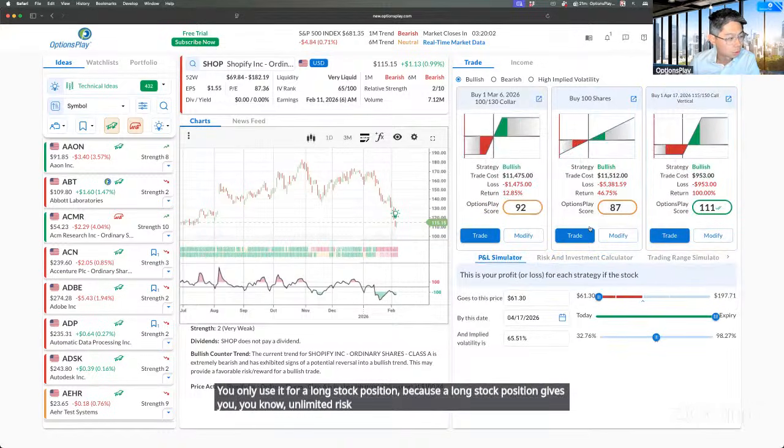So if the stock keeps going lower and lower and lower, you keep losing more and more money. And the collar strategy essentially gives you a payoff diagram similar to the vertical spread, where it limits your losses below a certain point.